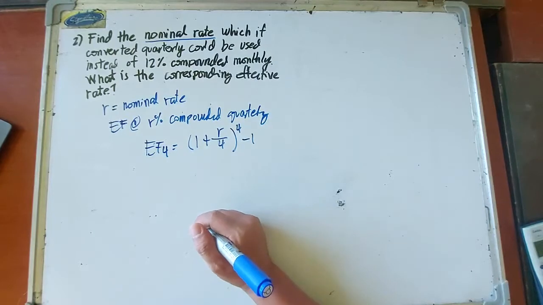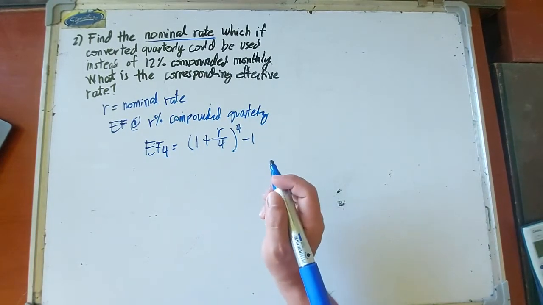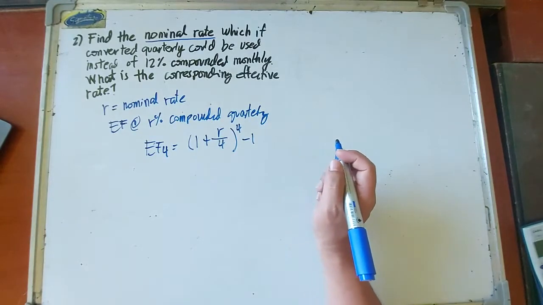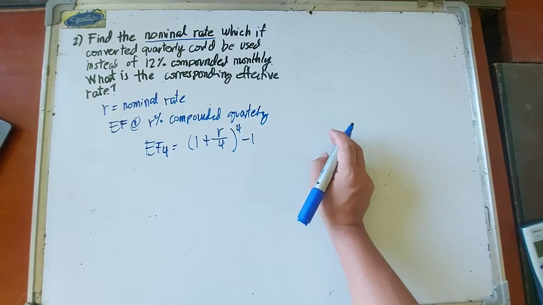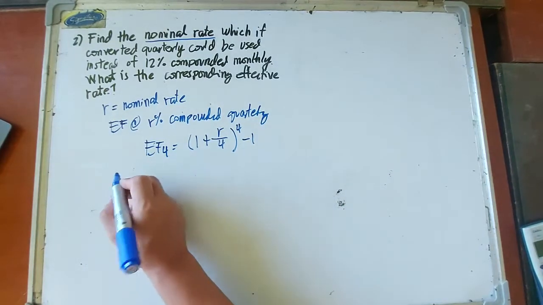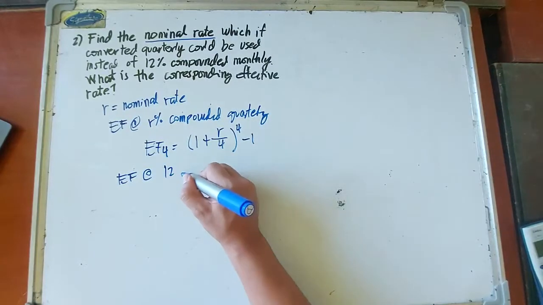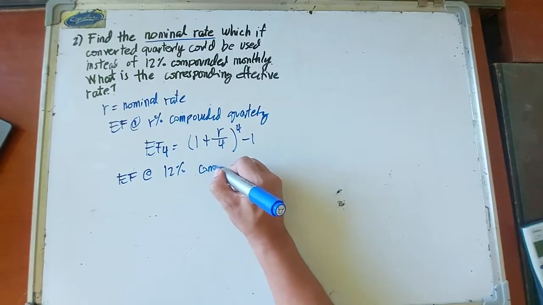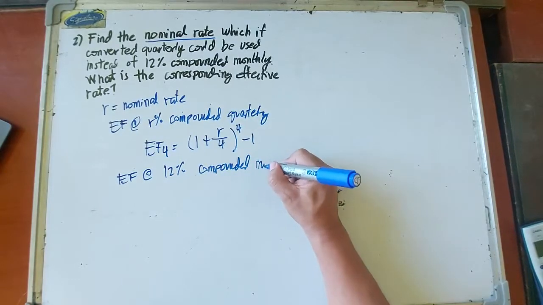Now, the effective rate at 12% compounded monthly. The nominal rate is 12% in this case. So the effective rate at 12% compounded monthly.